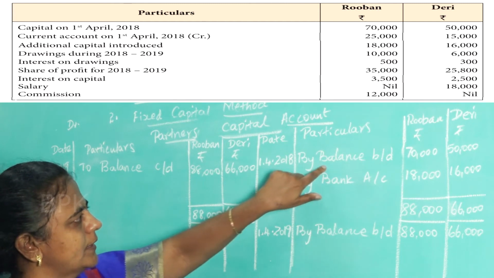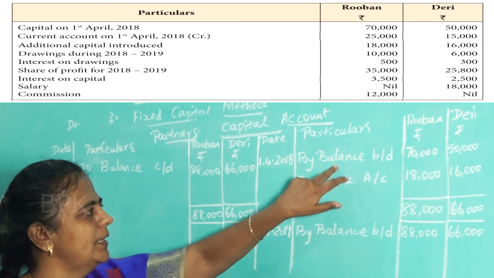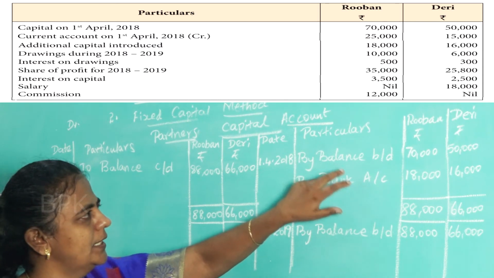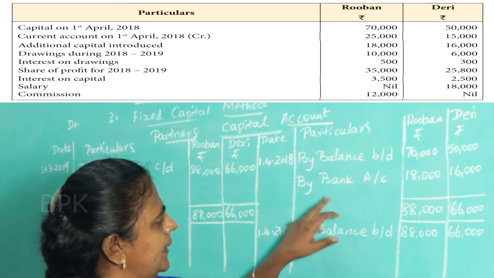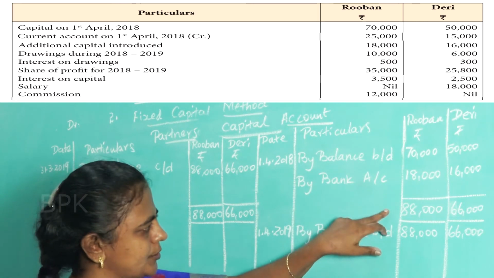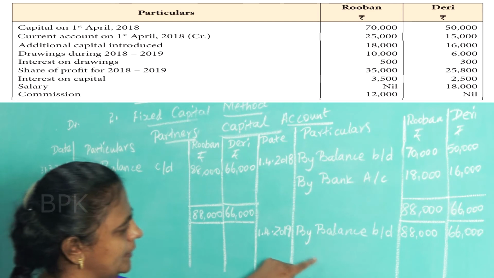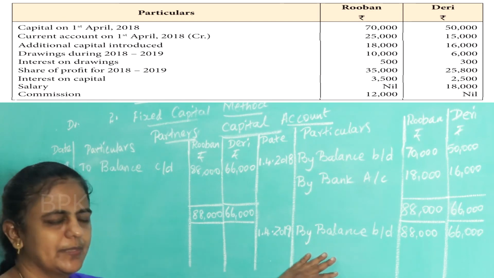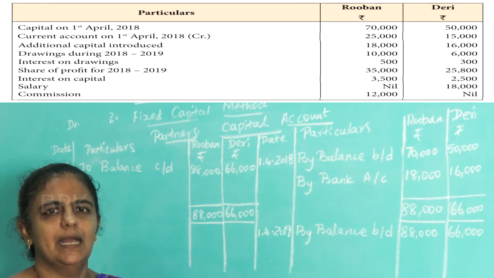Why am I writing on the credit side? Because all liabilities have credit balance. Capital is a liability. Okay. So bring down the opening balance, then bring the additional capital introduced. Add both, take it to the debit side, again bring it down to the credit side. Understood, children? This is how we have to prepare the capital account.